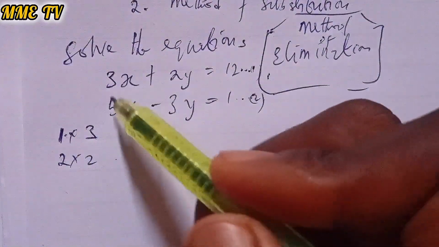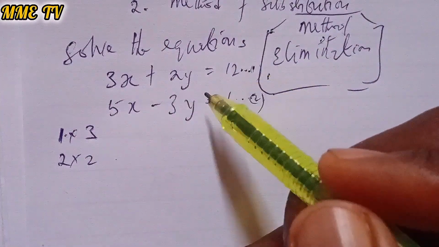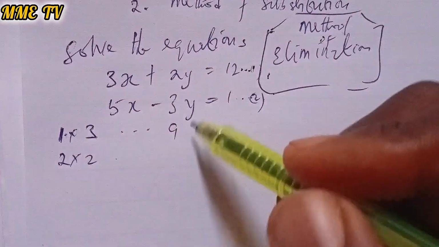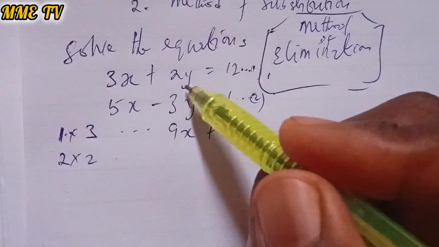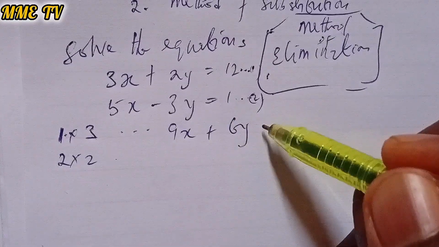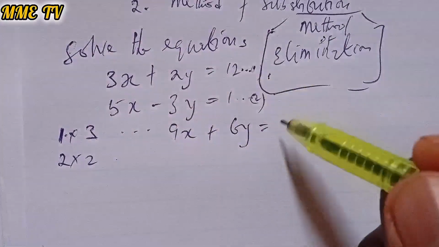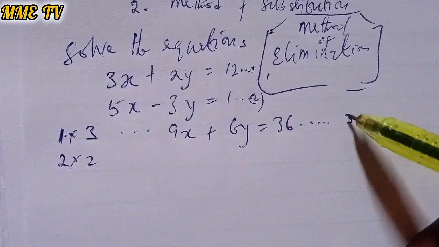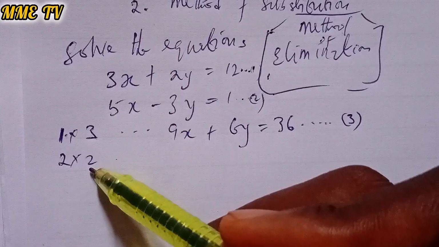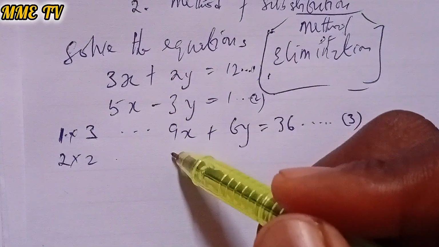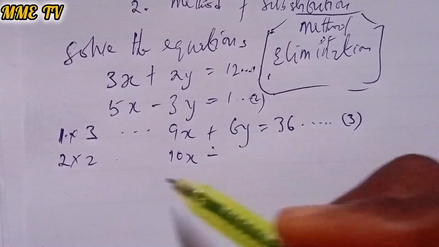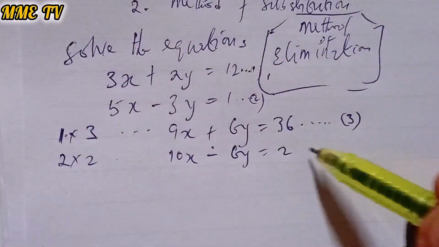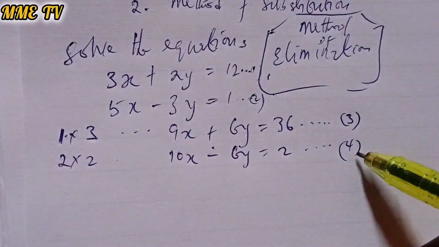If I'm multiplying equation 1, all of this with 3, it means 3 times 3x will give us 9x plus 3 times 2y will give us 6y is equal to 3 times 12, which is 36. Now, this will become our equation 3. Then again, 2 multiply 5x will give us 10x minus 2 multiply 3y will give us 6y, is equal to 2 multiply 1, which gives us 2. Now, this is known as equation 4.